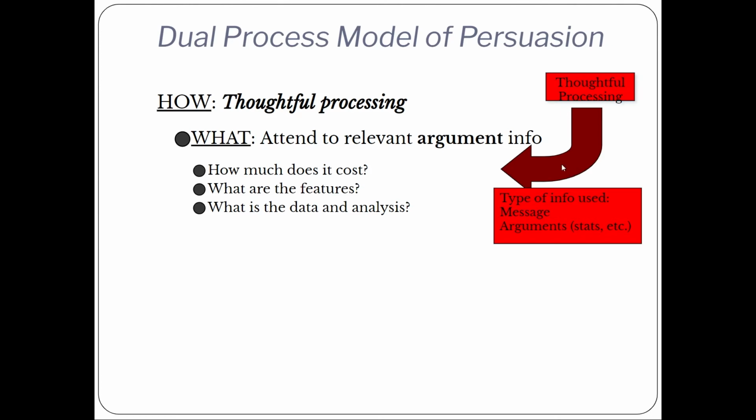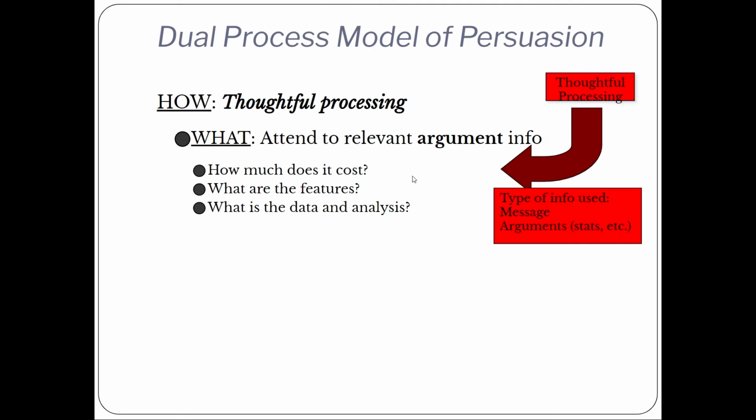let's recap this. For thoughtful processing, it's the way that people are thinking, how they're thinking. And for what they're paying attention to, when they have this style of thinking, they would pay attention to relevant argument information.